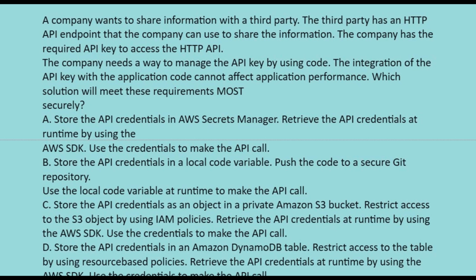Option C. Store the API credentials as an object in a private Amazon S3 bucket. Restrict access to the S3 object by using IAM policies. Retrieve the API credentials at runtime by using the AWS SDK. Use the credentials to make the API call.